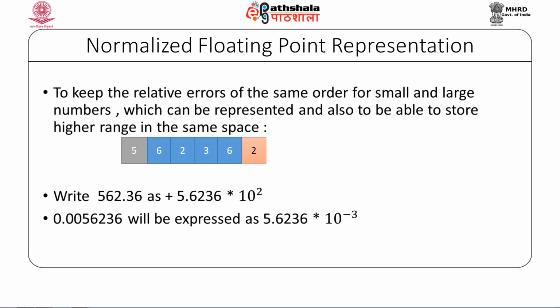So 562.36 will be represented as 5.6236 into 10 squared. The last 2 orange colored digits are for the exponent of 10. So every number will be represented as digit, sign, digit, then the digits after the decimal point, which is called the fraction or mantissa, and the last digit will represent the power of 10.